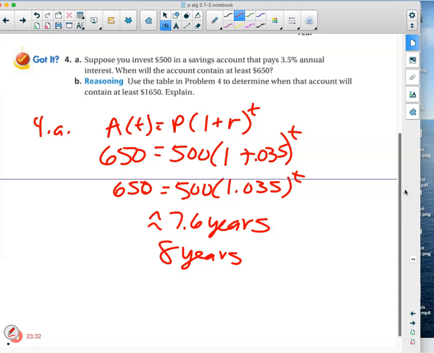Now, for B, it says use the table in problem 4 to determine when that account will contain at least $1,650. Oh, they want us to go back to the other one. Well, I already have this one in the calculator. Let's use this one. So, 1650.